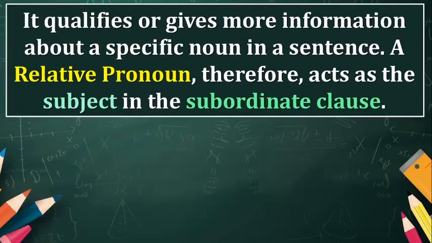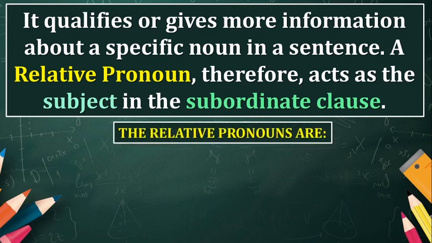It qualifies or gives more information about a specific noun that you have in a sentence. So the corollary of that is that a relative pronoun, therefore, acts as the subject in the subordinate clause. The relative pronouns are similar to the demonstrative pronoun, but they are not exactly the same when you use them in their proper context.